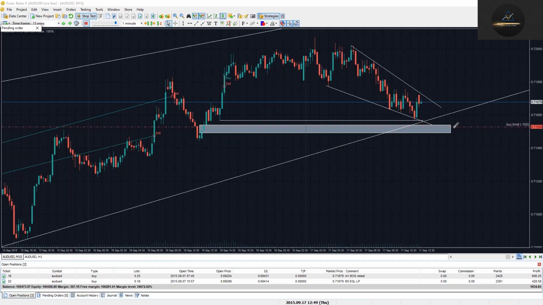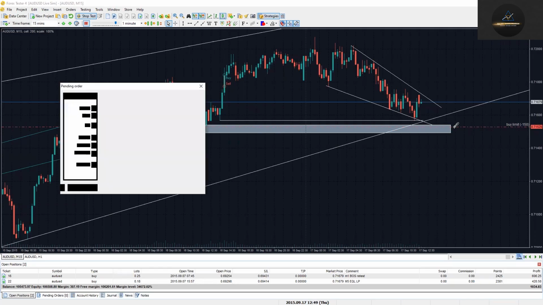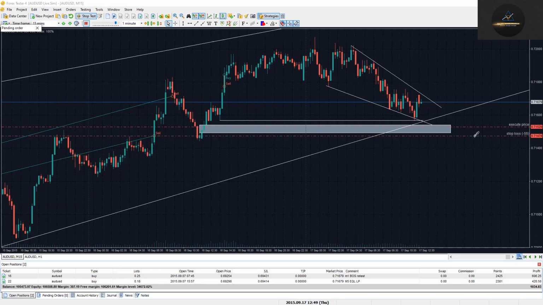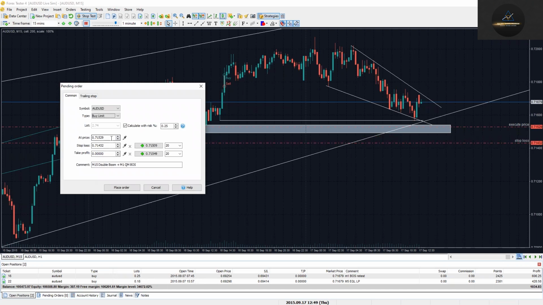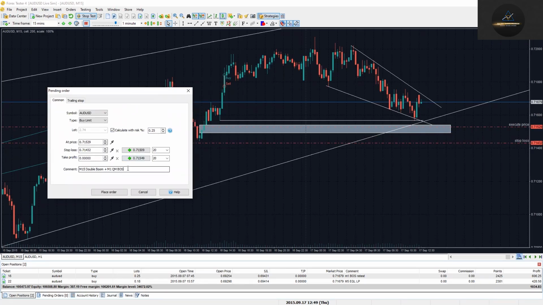So let's have our entry around there. Stop loss about 10 pips. 0.25% TP. I'm not going to set TP right now because I'm very, very bullish. And so we've got 3 aces with equal lows.